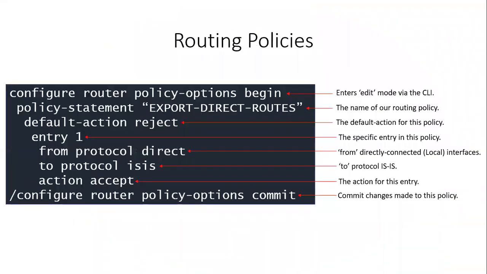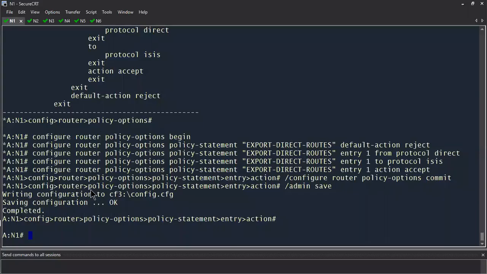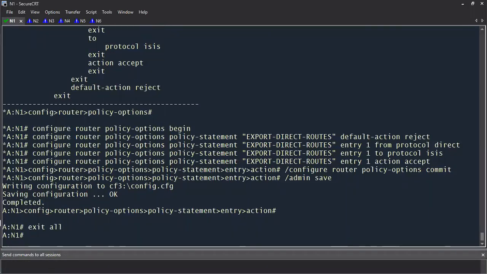So getting back to our goals, our first goal is to configure the global router ID on each service router. This is so that the router will be uniquely identified automatically from now on.